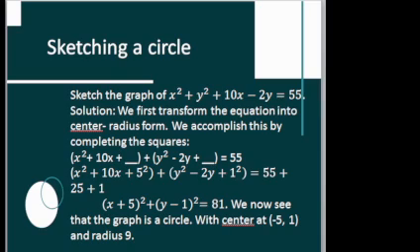So we will get the center, x plus 5, the h there is negative 5, and the k there is 1. And why is it that the radius is 9? Because the square root of 81 is 9.